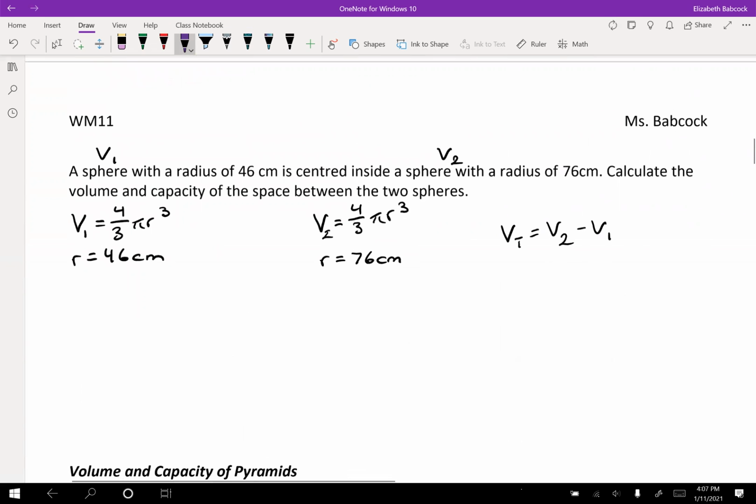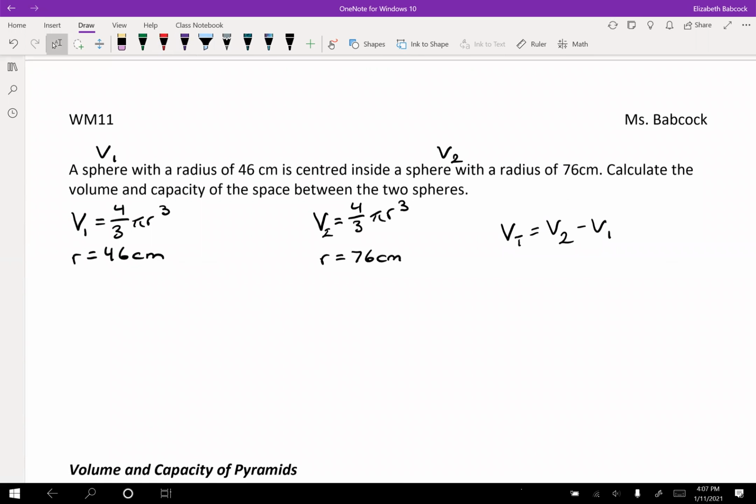Next one. Oh, this one's a little more complicated. A sphere with a radius of 46. Okay, so that's volume. I chose to represent that one with volume 1, and it has a radius of 46. It is centered inside a sphere with a radius, so volume 2, and a radius of 76.